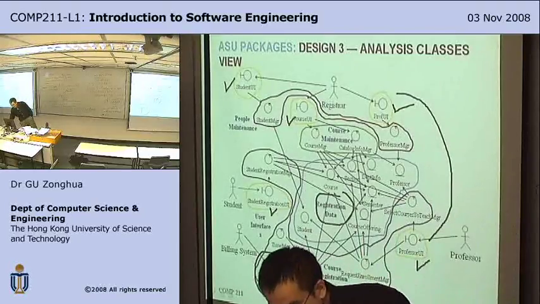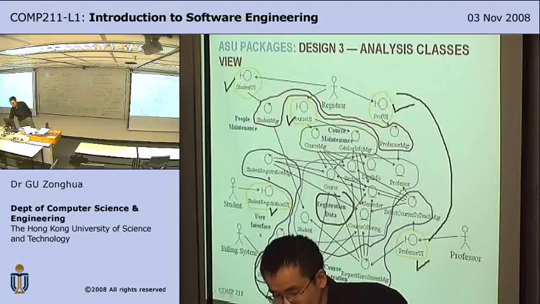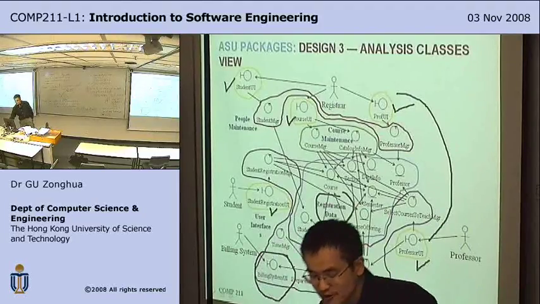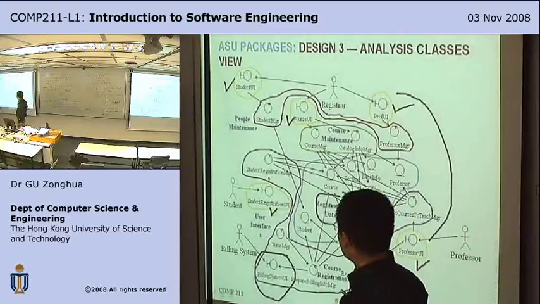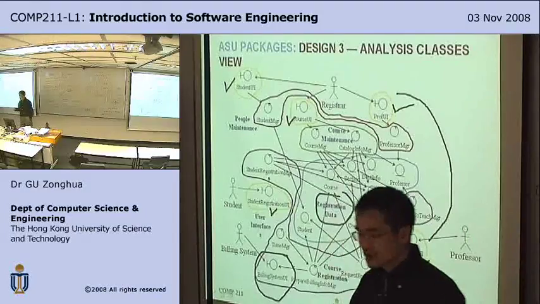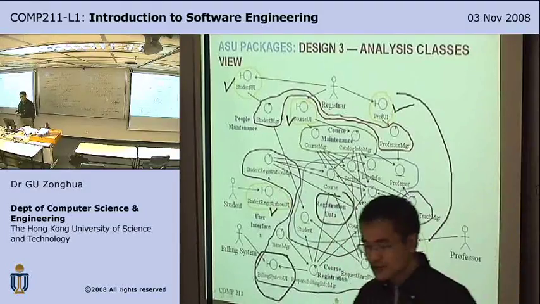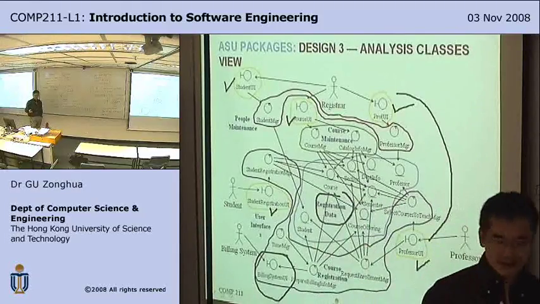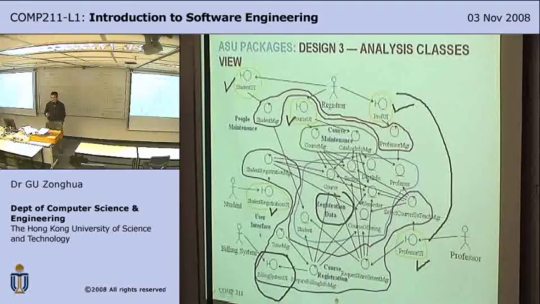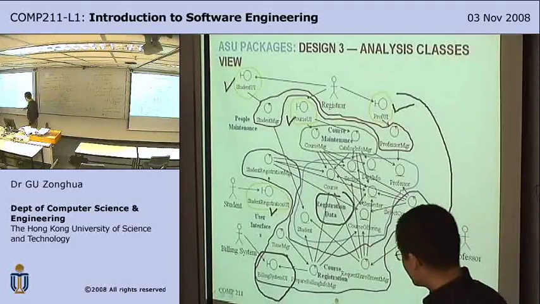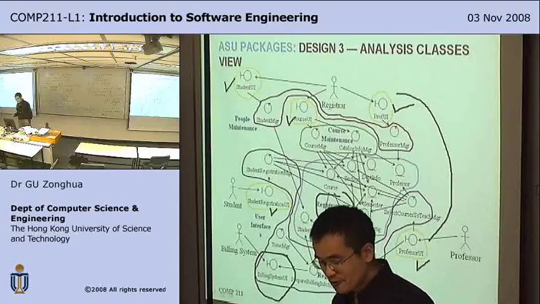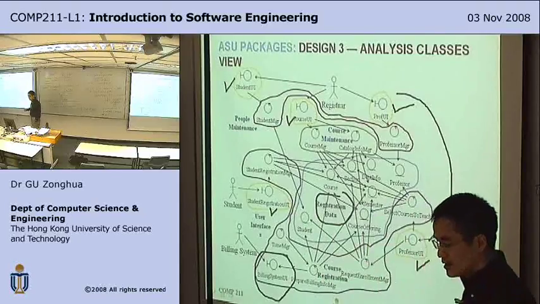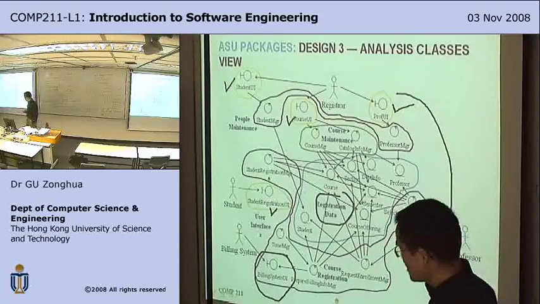So this is not grouped in the yellow because even though it's a boundary class, it's really very different from the other boundary classes, which are user interfaces. While this billing system UI is really interfacing to a billing external system, so it's not later turned into a dialog box like the others. So therefore, we put them into the magenta package.